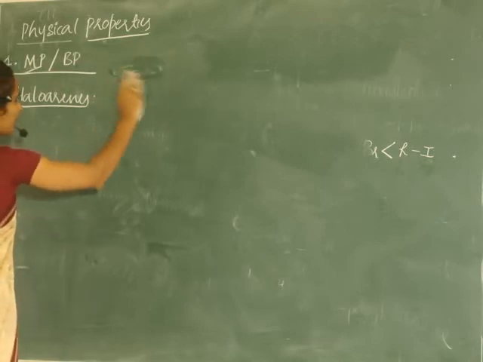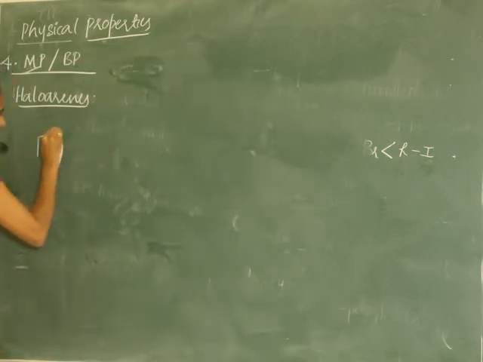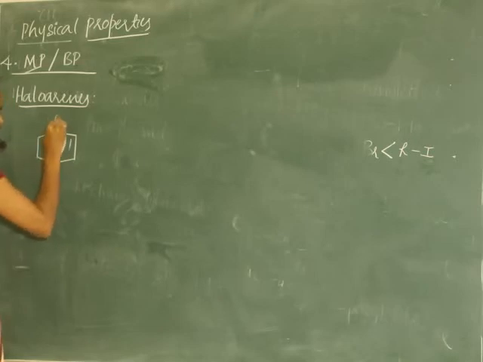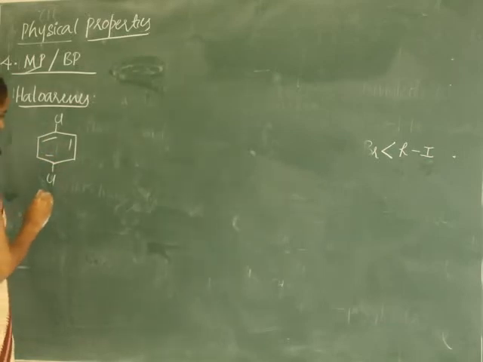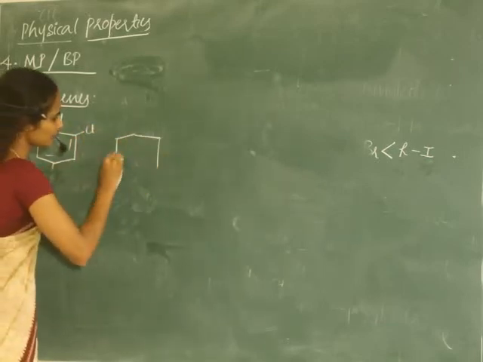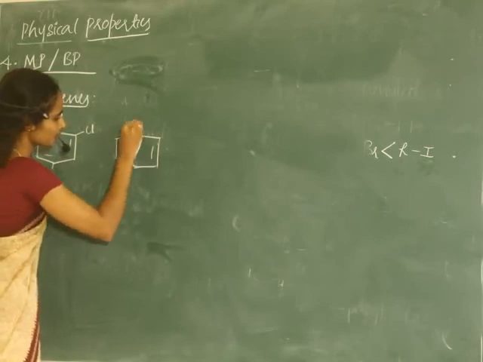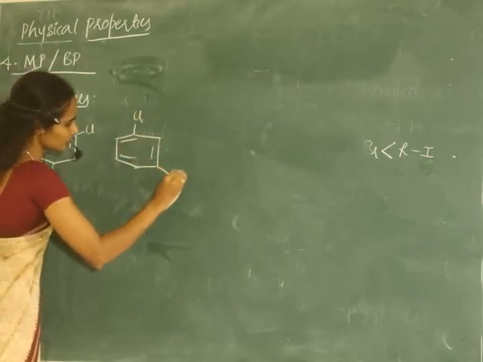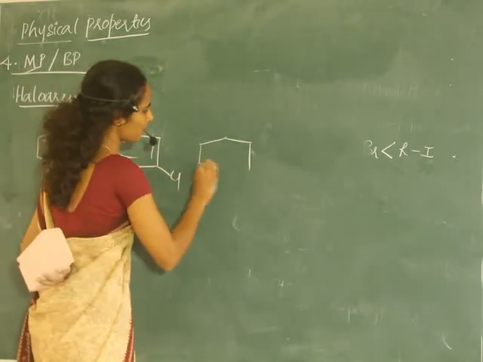Suppose I take a dihaloarene, that is dichlorobenzene. First I will take the ortho compound. Next one is meta, and the third one is para.